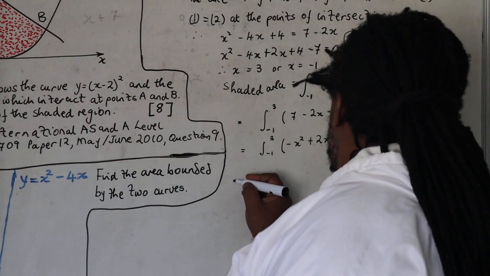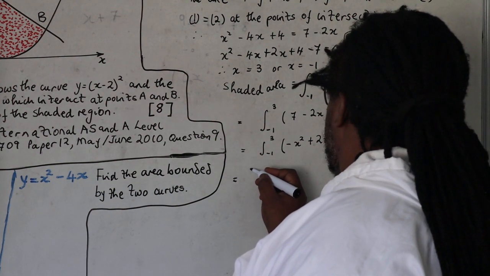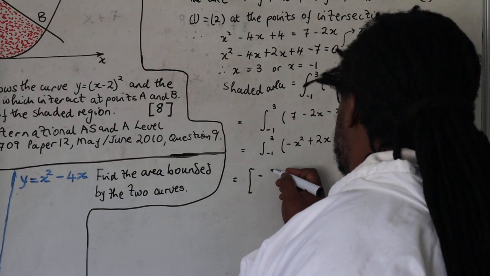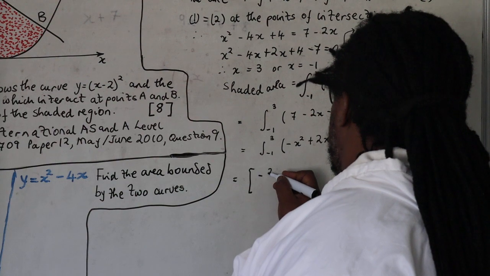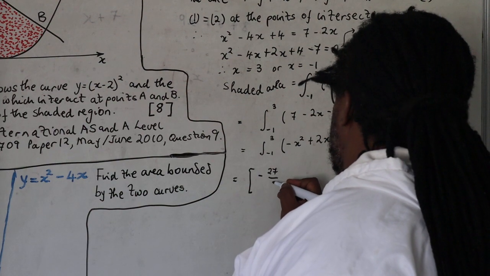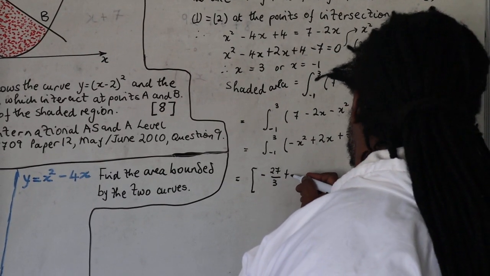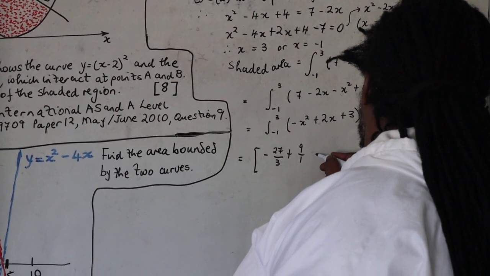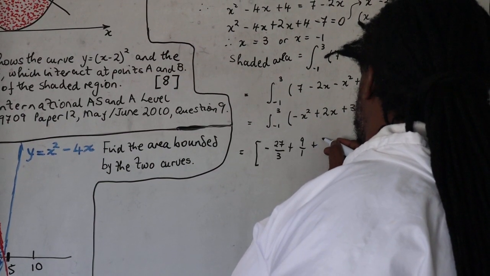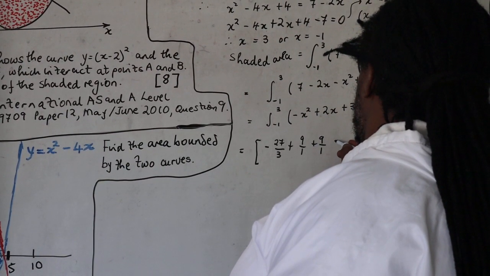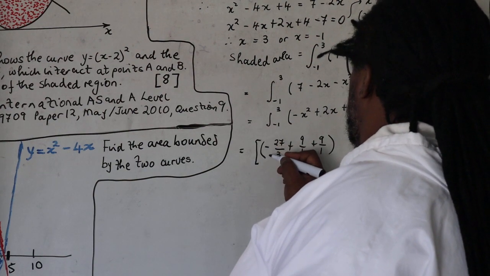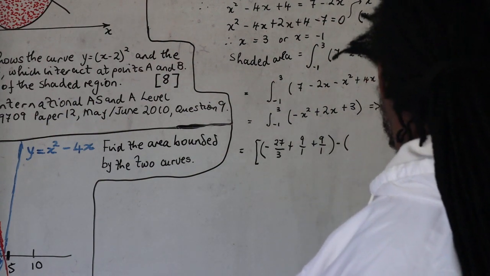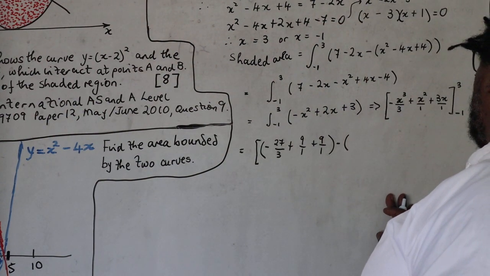So we have here equals to minus 3 to the power 3 is 27 over 3 plus 3 squared is 9 over 1. 3 times 3 plus 9 over 1. We can put closed brackets here, minus close brackets, we substitute minus 1.